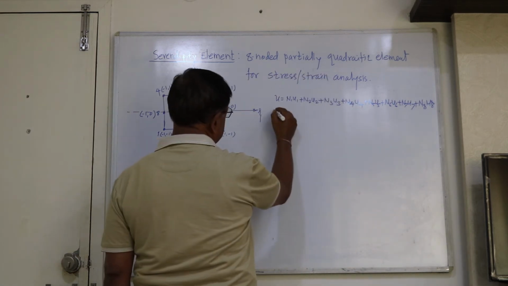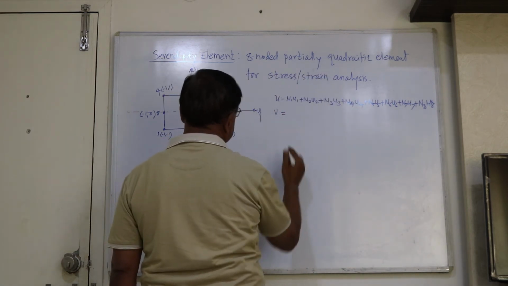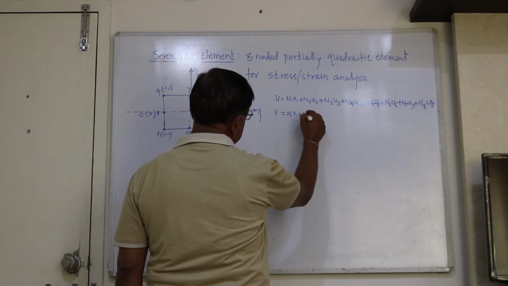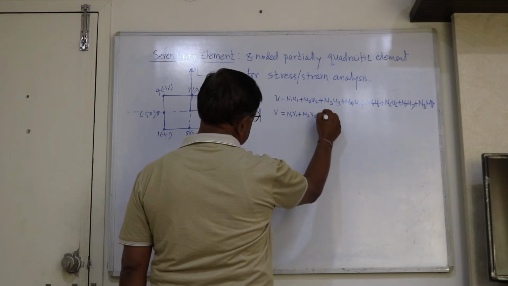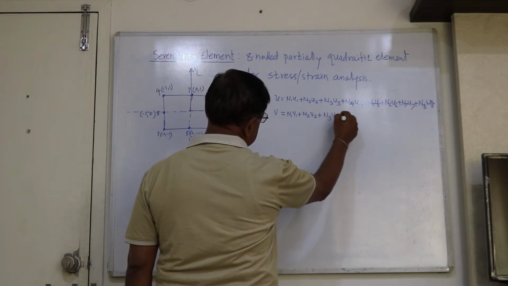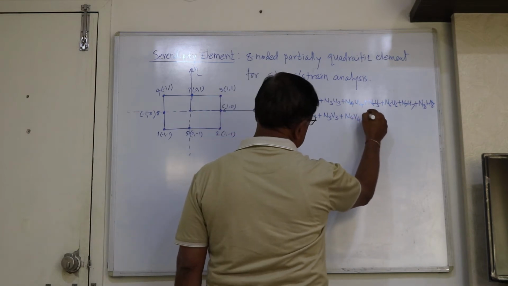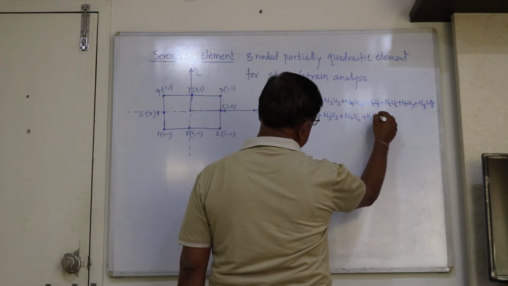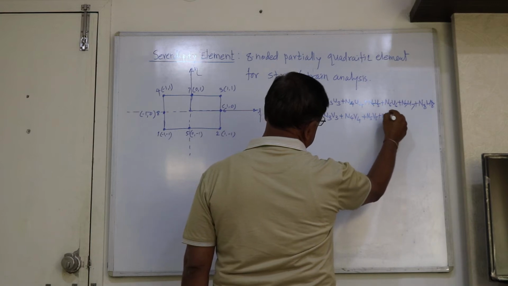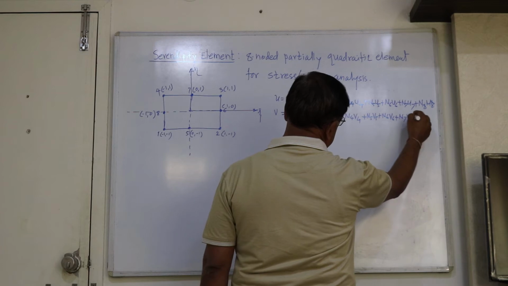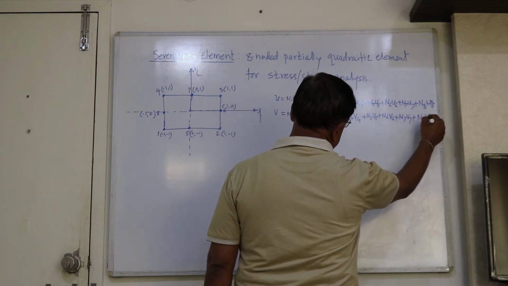Similarly, you can write for v in this direction, that is n1 v1, plus n2 v2, plus n3 v3, plus n4 v4, plus n5 v5, plus n6 v6, plus n7 v7, plus n8 v8.